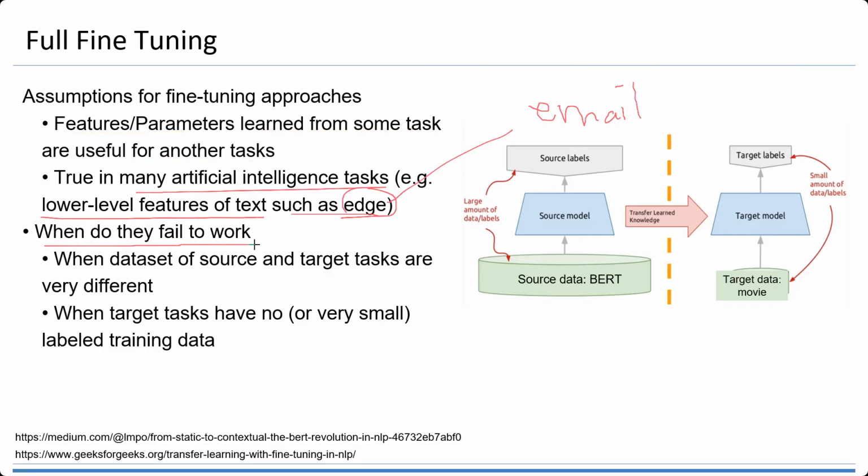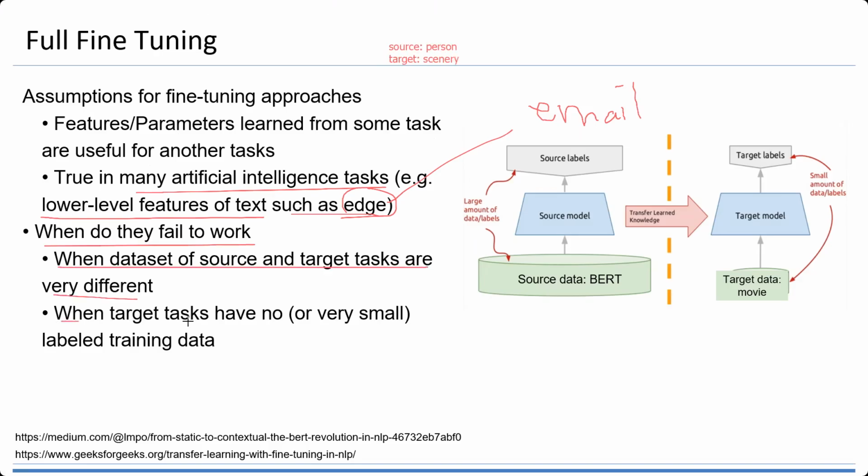When do they fail to work? When the data sets of the source and target tasks are very different. As I mentioned, maybe the source data is about persons, but the target data is pictures about scenery. If the data set is totally different, of course, it is not working well.